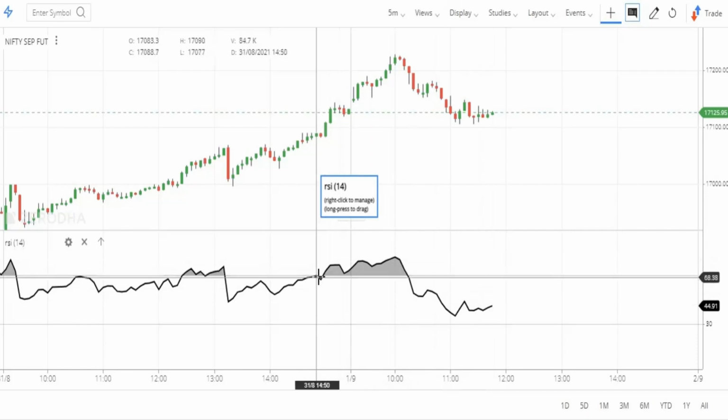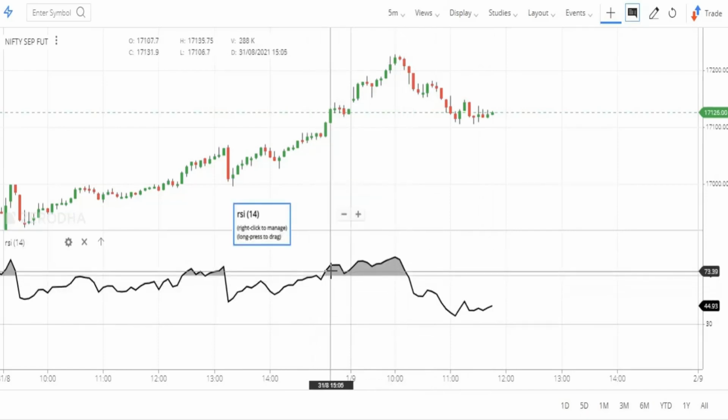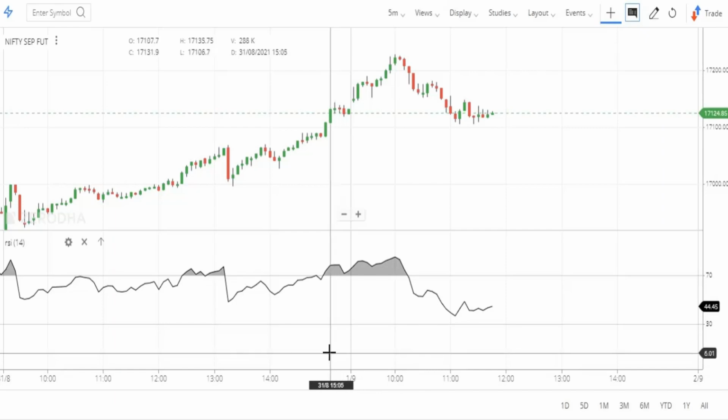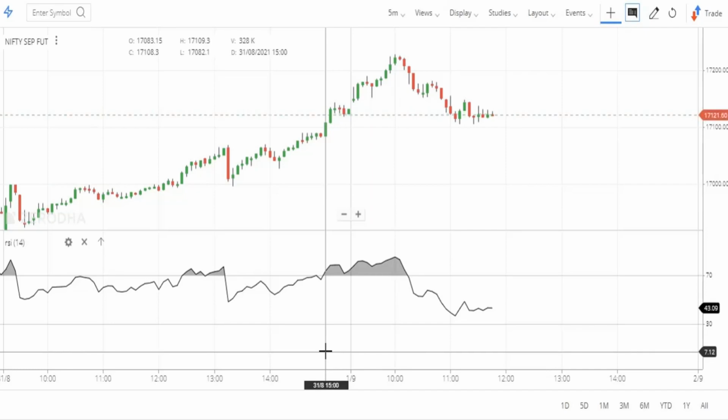So whenever RSI goes into the overbought or oversold zone, my technical analysis, my observation, my experience says that is exactly where the real move starts. That is exactly where the real move starts. People are expecting a reversal. That is the exact reason the move should start over there.